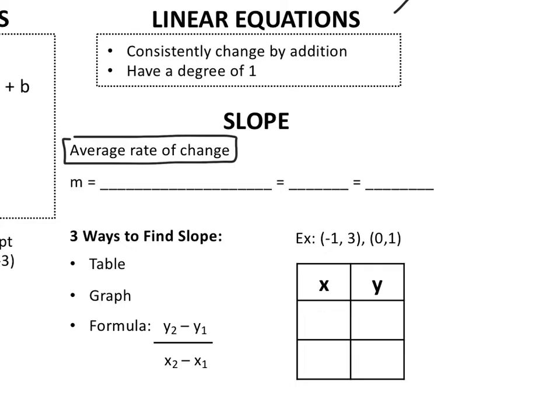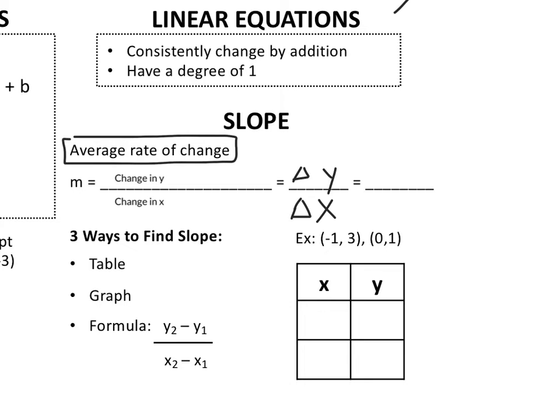And so m equals, it's always going to be the change in y over the change in x. So you're always going to do your up-down change first and then your horizontal change. Another way of writing it is triangle, which means delta y over delta x.